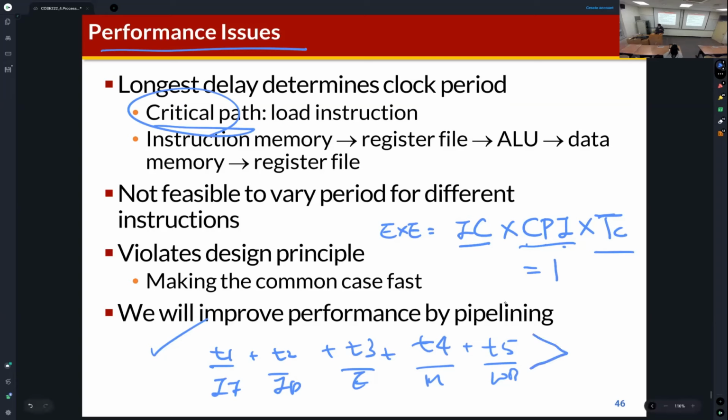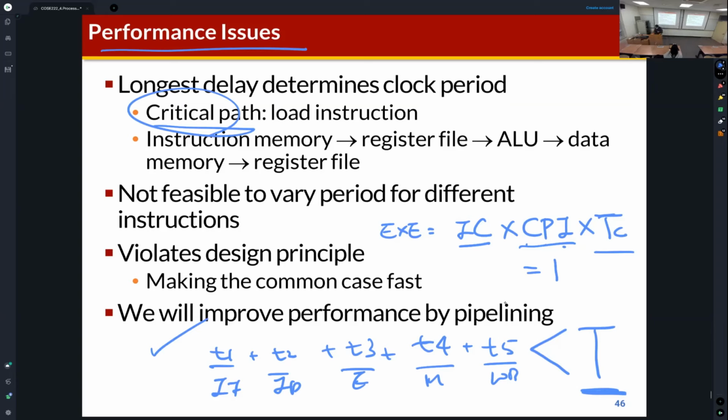So the clock period of the single cycle processor should be greater than the accumulated delays of the hardware components of the single cycle processor.